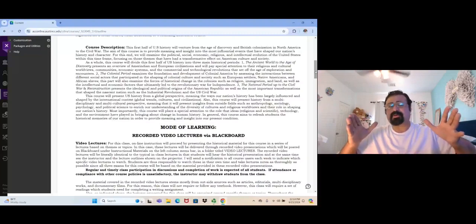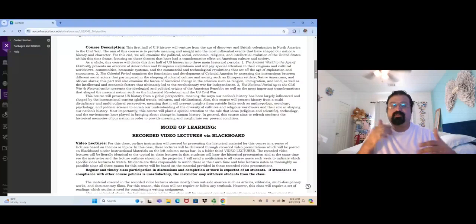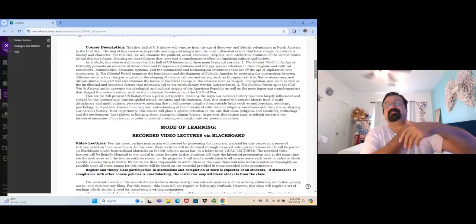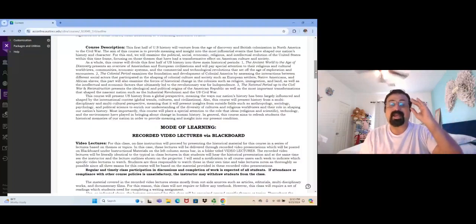So the first part of U.S. history, I've divided that long period of time into three main historical eras or historical periods. The first historical period, I call it from the ancient world all the way to the age of discovery. Okay, so that means we're really taking a glance at the foundational origins of the United States.